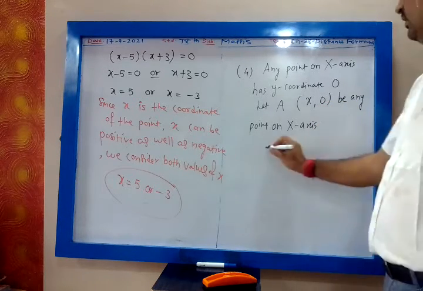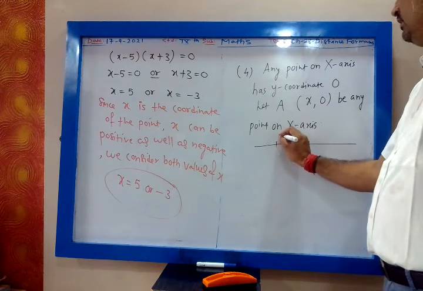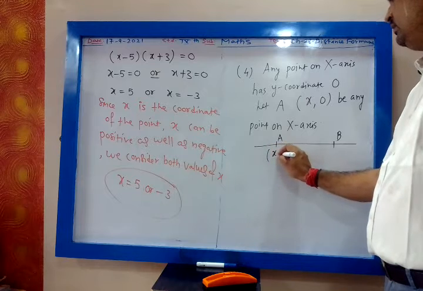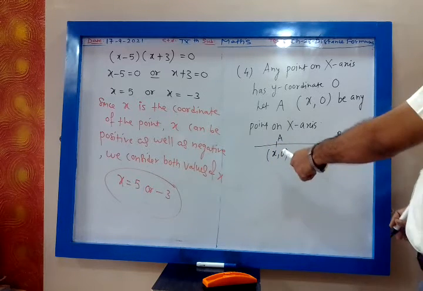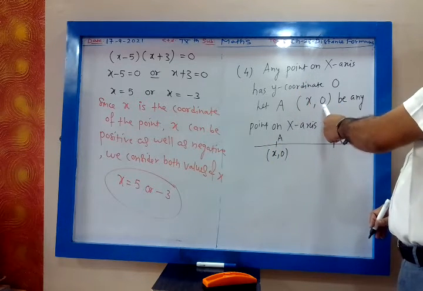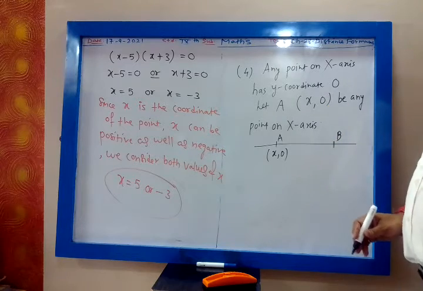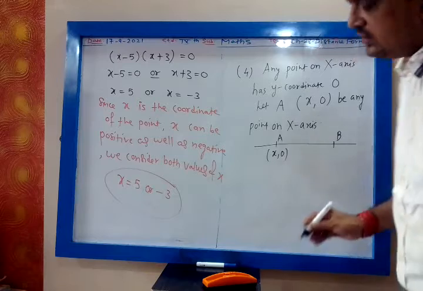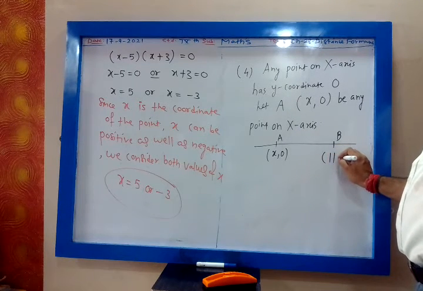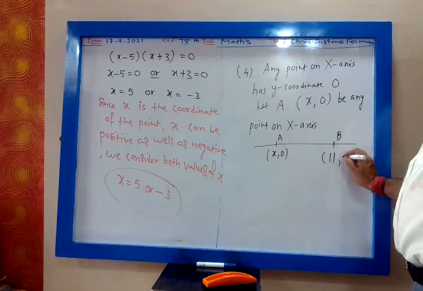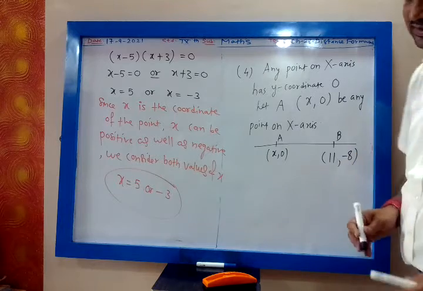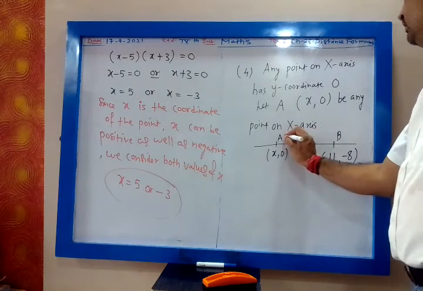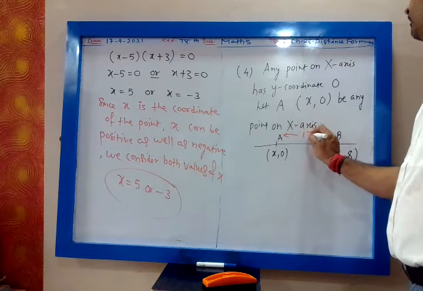Let us take any point A, and this is my B. A is x comma 0 because A is a point on the x-axis, so its y coordinate must be 0. B is given, B is 11, minus 8. The distance between them is 17 units, AB is 17.